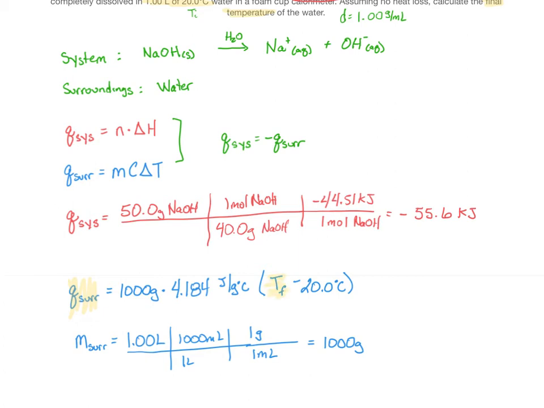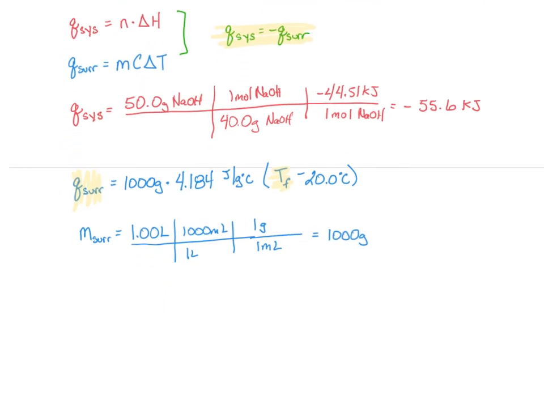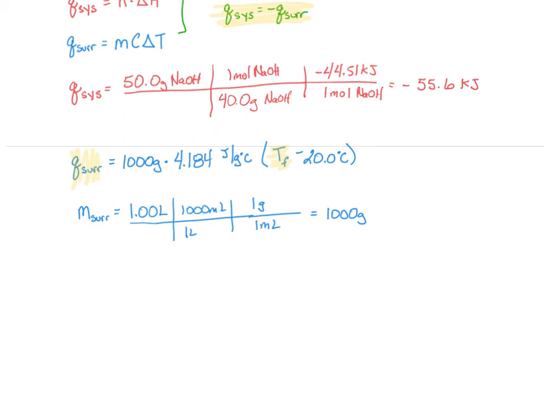So this is where I need to use my first law of thermodynamics to help me out. And so I know that Q of the surroundings is equal to minus Q of the system.